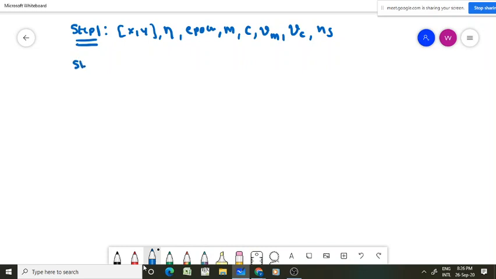Now step 2, you have to set the iteration equal to 1. Step 3, sample equal to 1. So these are the same, they will not change, right? Step 3 over.